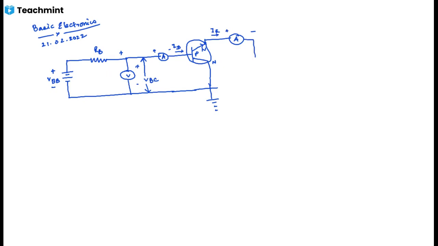Here is another voltmeter, V. This is minus, this is plus. Across this, I will, okay, this side. This is the resistance. So across this, I will calculate VCE.